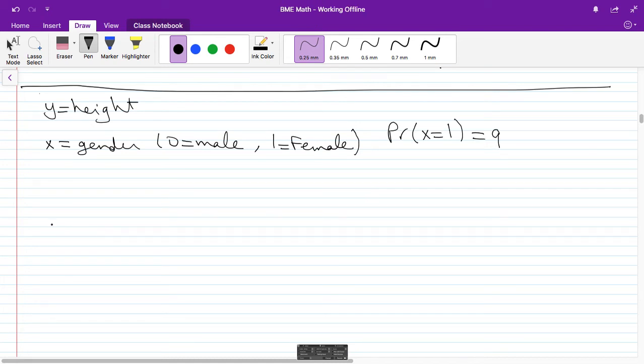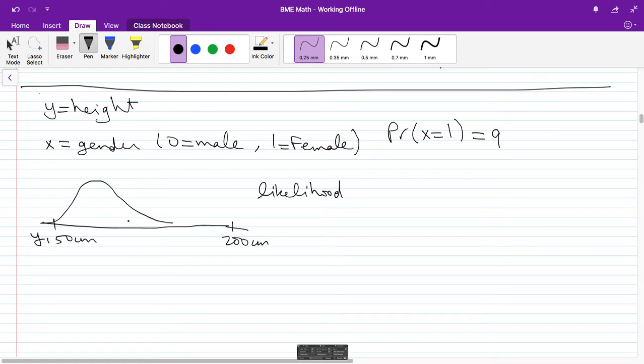So here's what your typical data is going to look like. On the x-axis, you're going to have your measurement y, and so we're going to start with the likelihood. We want to draw the likelihood distributions. So, let's go from 150 centimeters to maybe 200 centimeters, and you're going to get a distribution that sort of looks like this and like this.